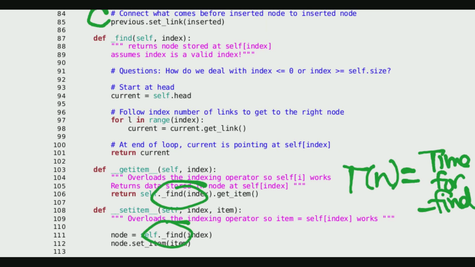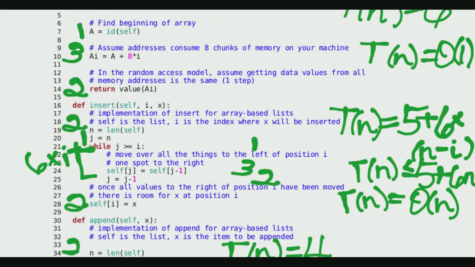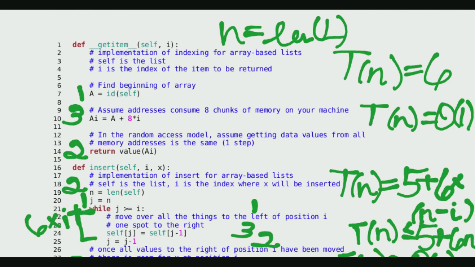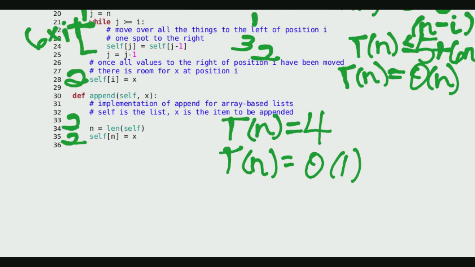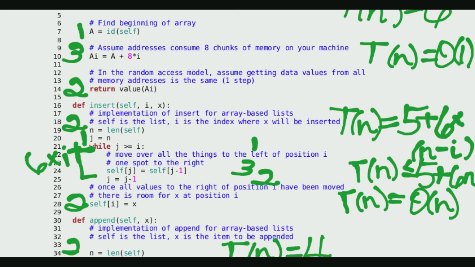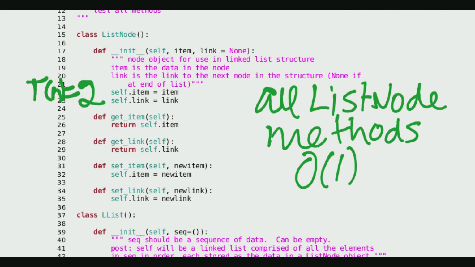So I'll leave underscore find for you to think about. But here we see some examples of how to analyze array-based lists. We see that all operations having to do with a single list node are constant in time.